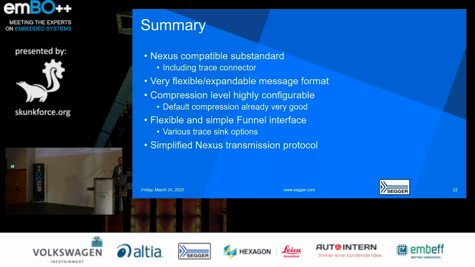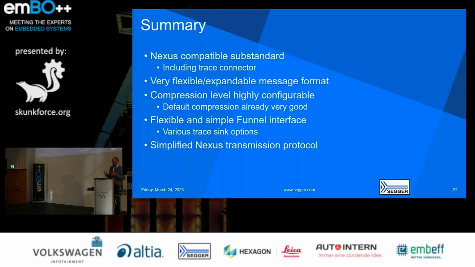So, the summary. What we saw is that RISC-V has implemented a Nexus compatible substandard, including the connectors. So there's a pretty good chance that this will be supported quite widely. The message format is fairly expandable.